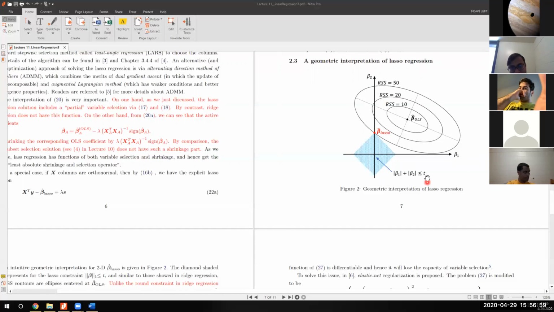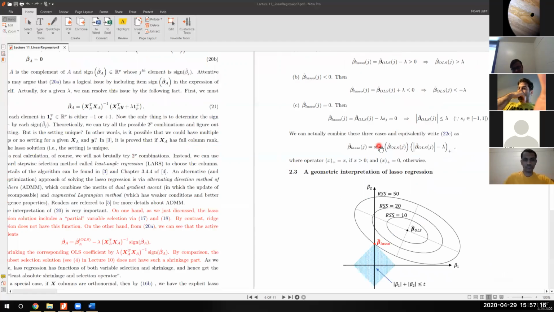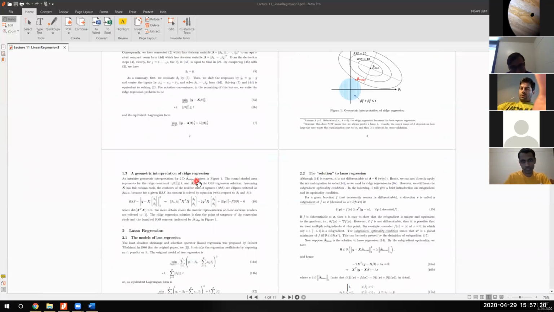So it becomes this. And as we mentioned in the previous class, suppose the beta OLS, the ordinary least squares solution, is here, and the contours are ellipses. For the reason, check section 1.3, geometric interpretation. See it?